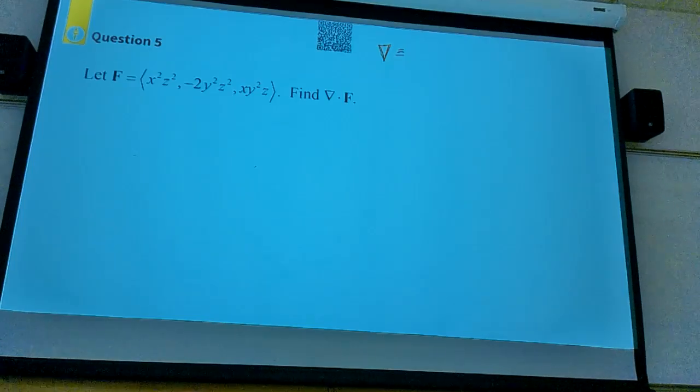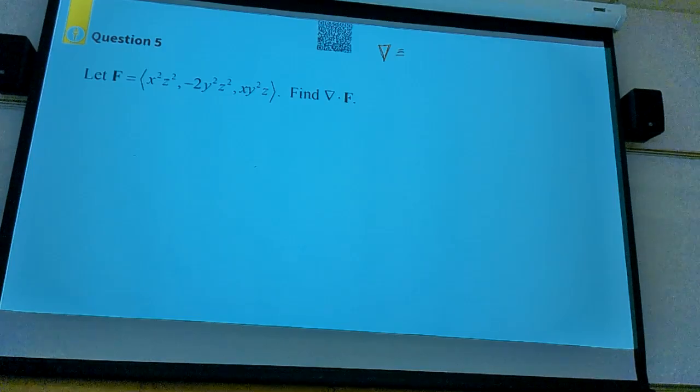It actually has two names. The symbol itself has a name, and what it represents has a name. That is Nabla. There you go. And that character is the Nabla character, the Nabla symbol. It's the del operator.